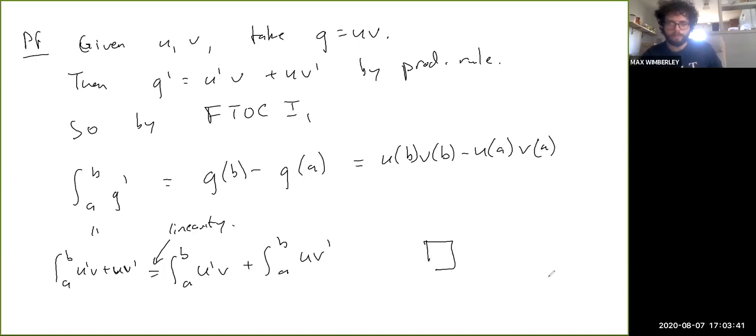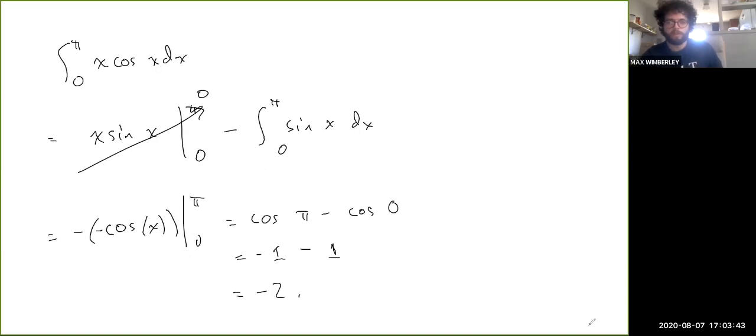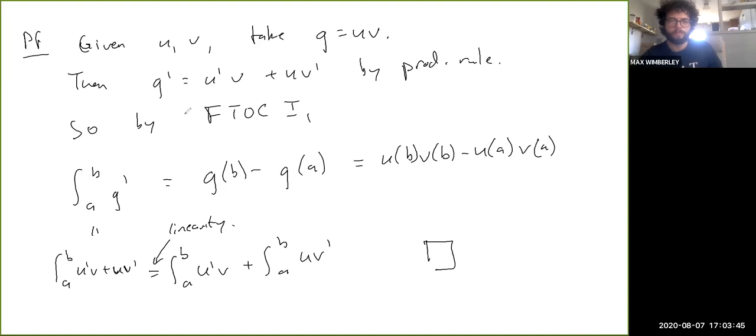So yeah, that's integration by parts. And so we basically just got that from the fundamental theorem, really. So in the next video, we'll prove the other fundamental theorem, which sort of goes in the opposite direction, where we're differentiating an integral.